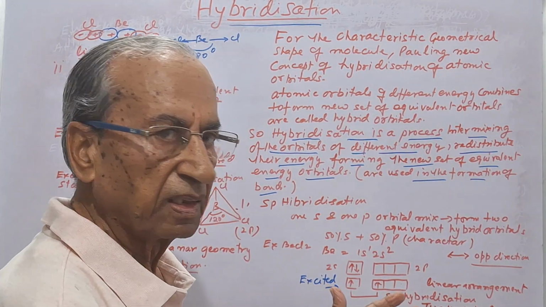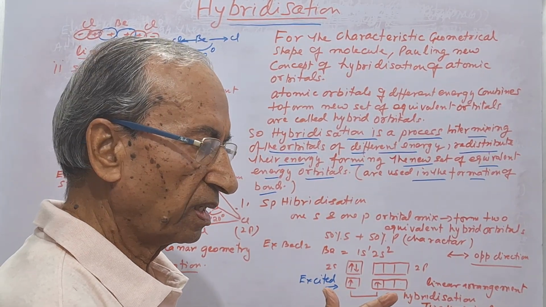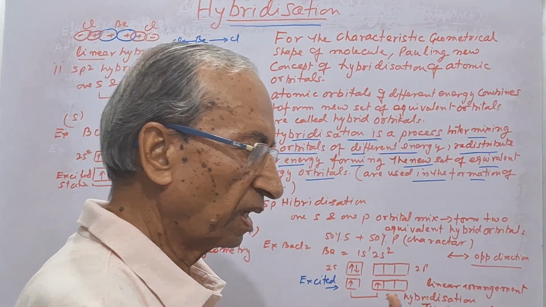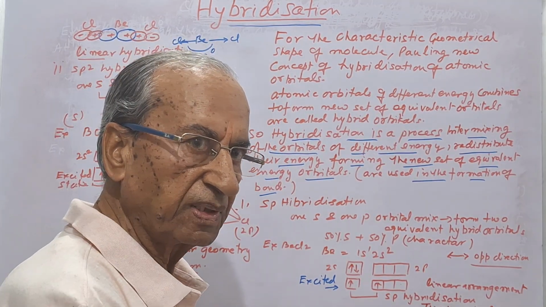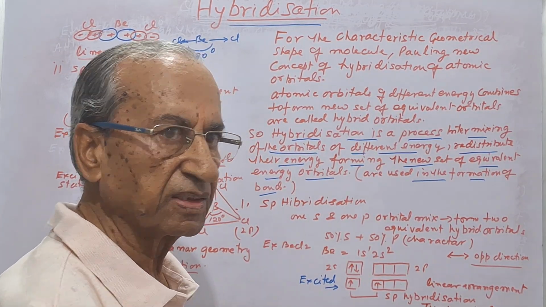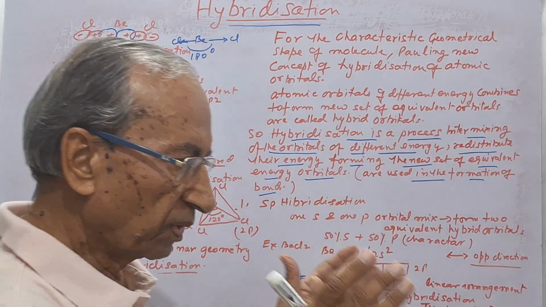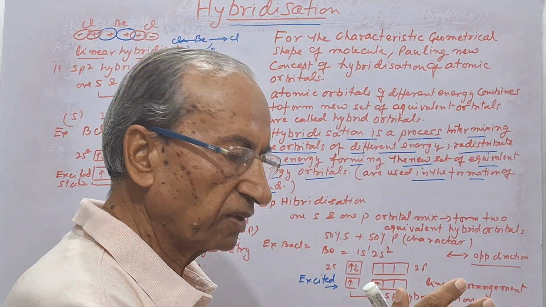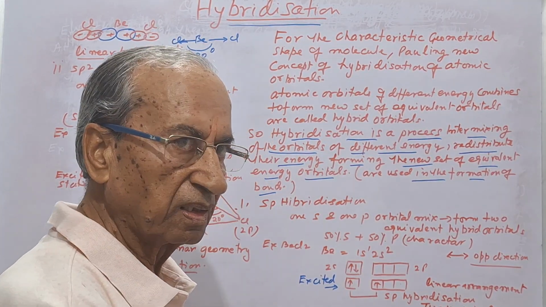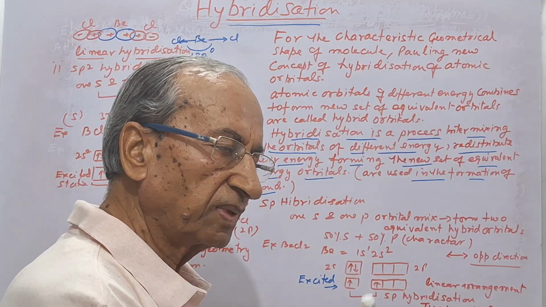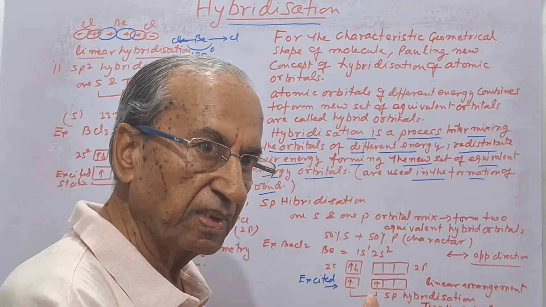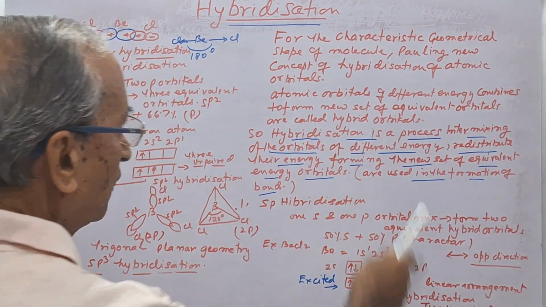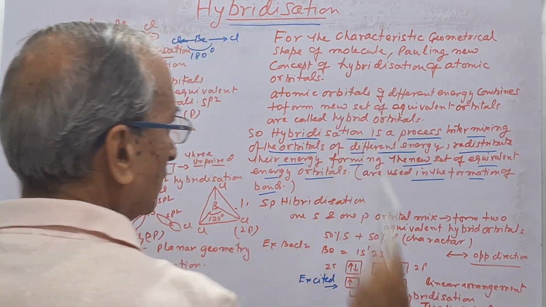When two different orbitals of somewhat different energy, suppose s and p orbitals, combine or fuse together, they form the same number of orbitals of the same, that is equivalent, energy. That is very much important.